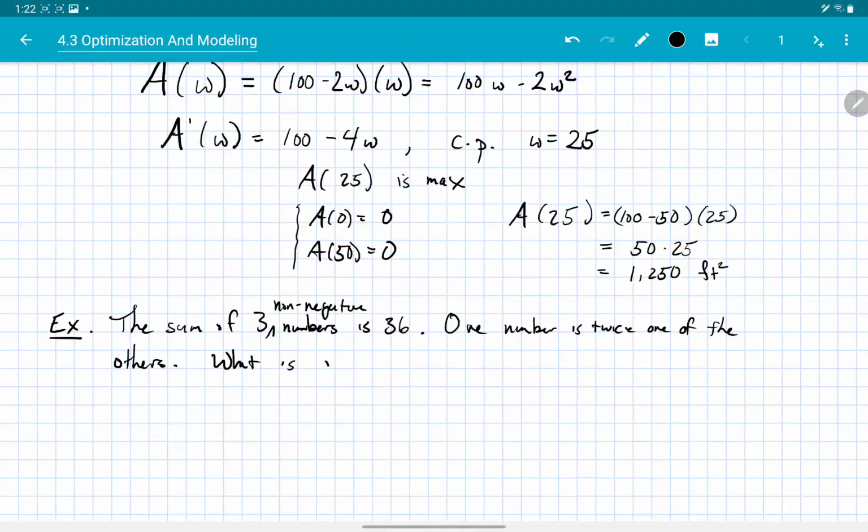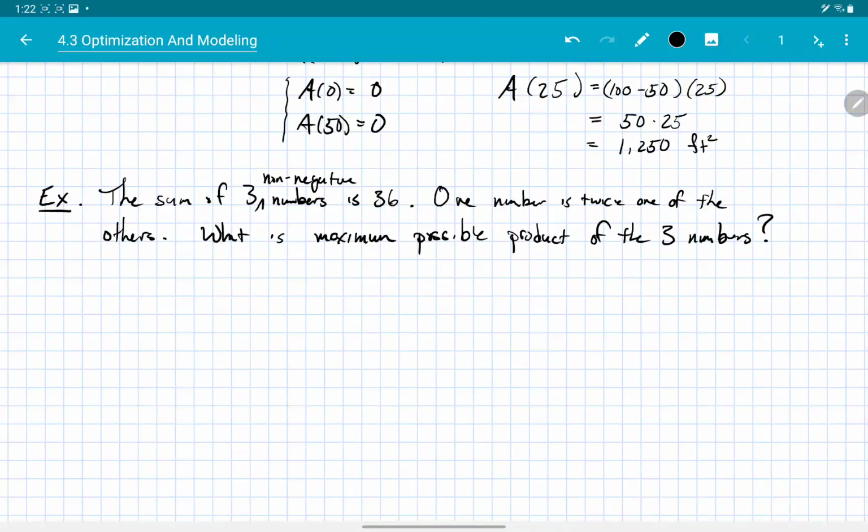What is the maximum possible product of the three numbers? Okay, we've got the sum of three non-negative numbers is 36. What is the maximum possible product of the three numbers? And one number is twice one of the other numbers.